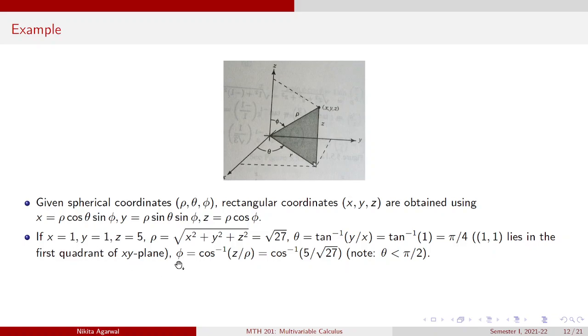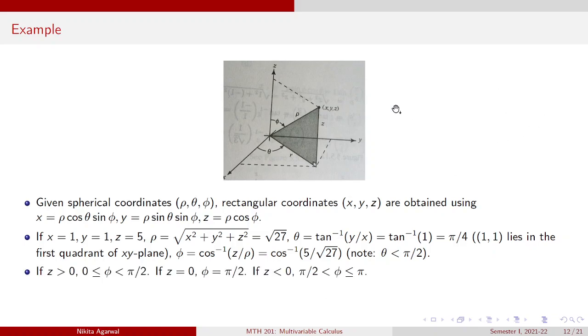And phi, remember, z by rho is cos phi, right? So phi is cos inverse z by rho, which is cos inverse 5 by square root 27. But you have to take appropriate theta, phi, right? Now phi is this angle which this line makes with the positive z axis. So if this point is above the xy plane, then phi has to be less than pi by 2. So that is the value that you will take. Okay.